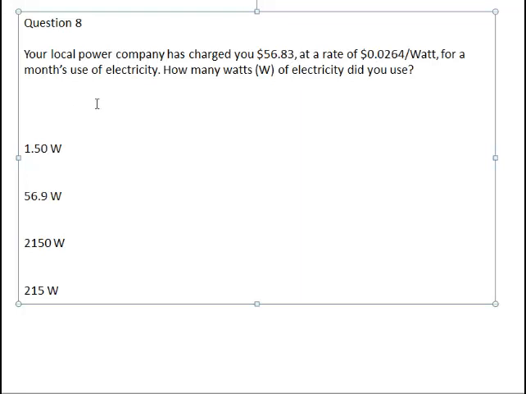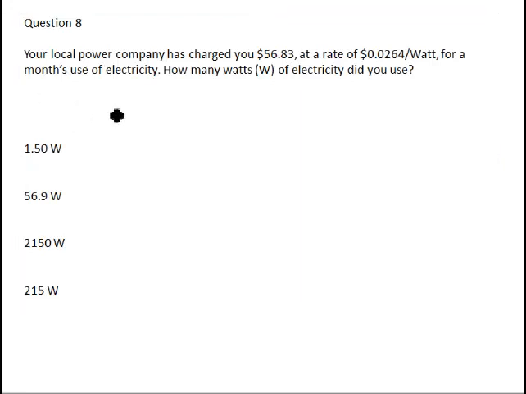So let's start with our usual way of looking at these problems. Let's first write, what are we given? And what do we want over here? And what we want to know is the answer in watts. How many watts of power?